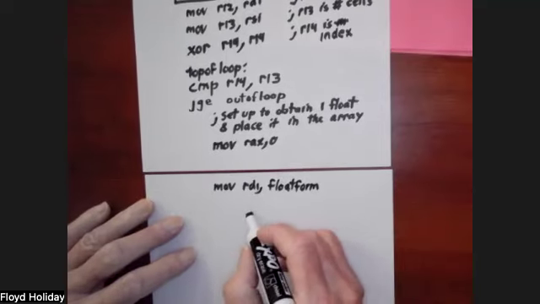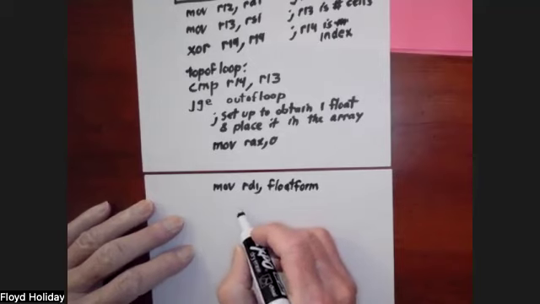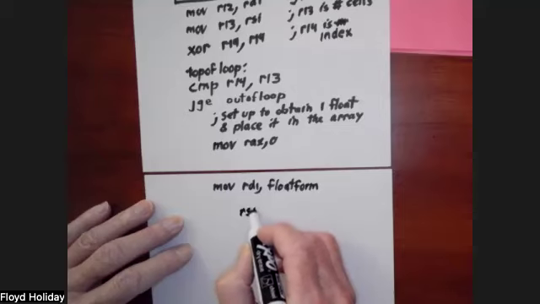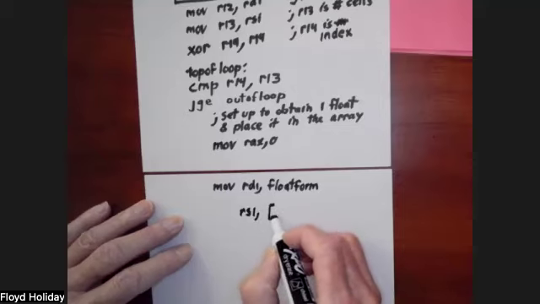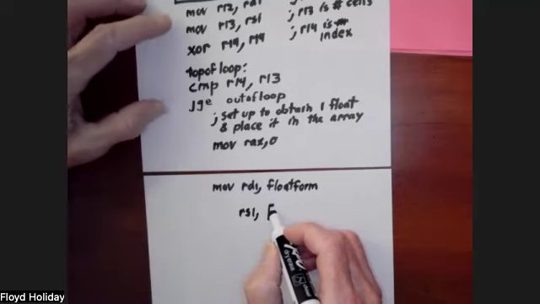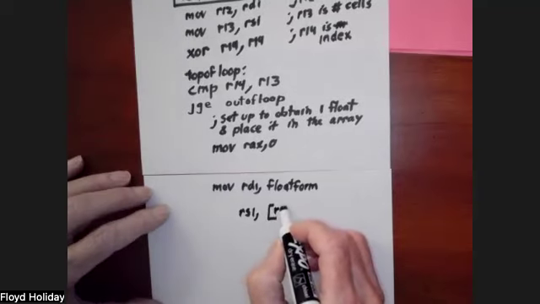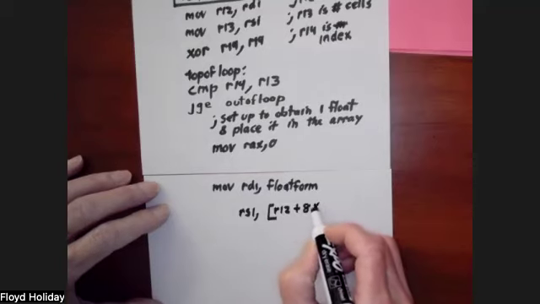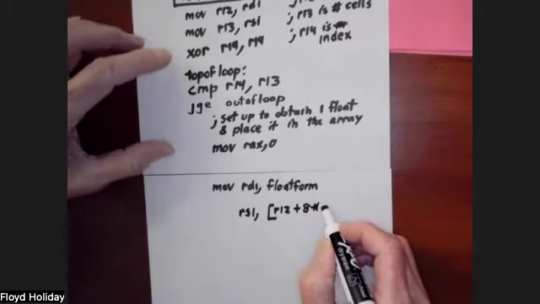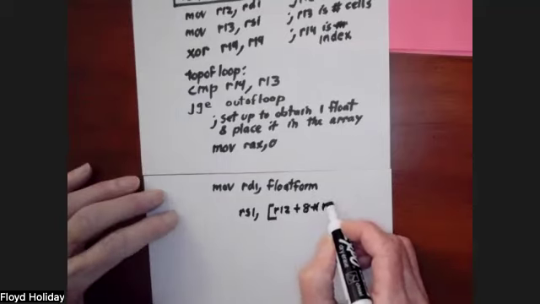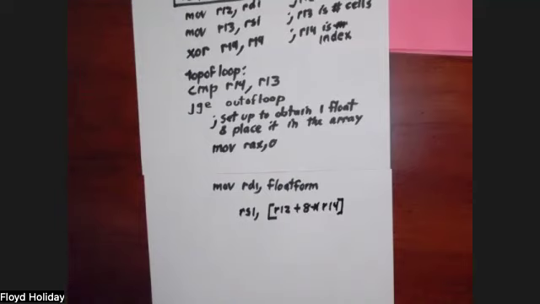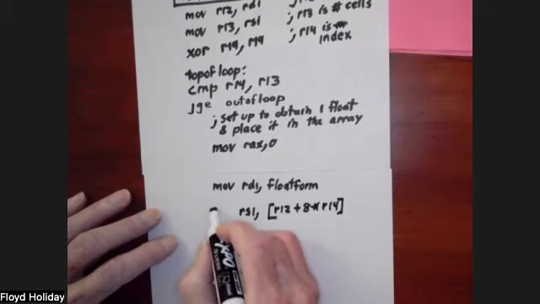It wants it in RSI. RSI, comma, square brackets of name of the array is R12 plus 8 times, what's our index? R14. Scanf doesn't want an index counter. It wants a true, genuine address.